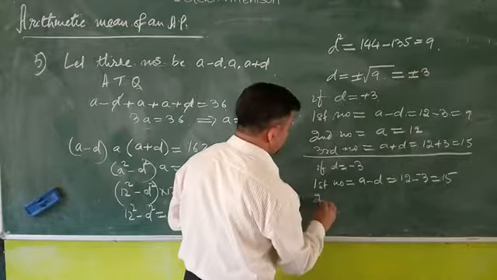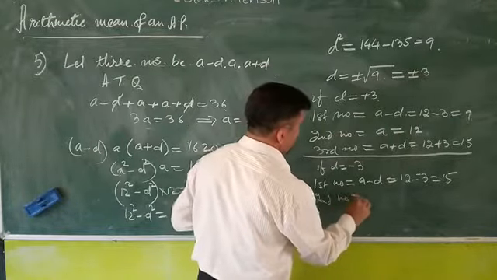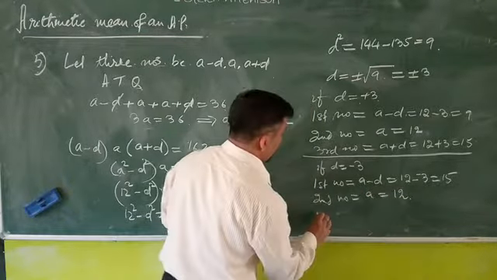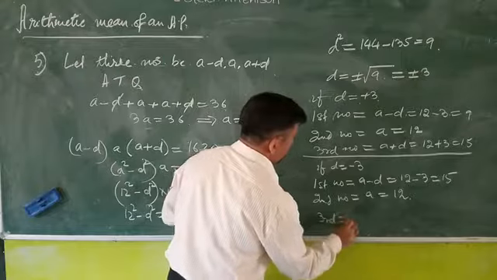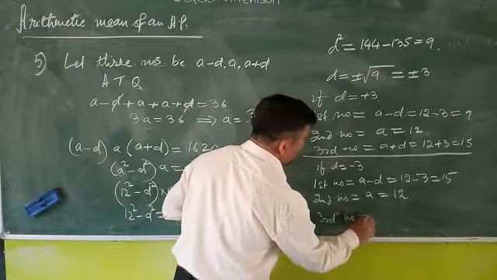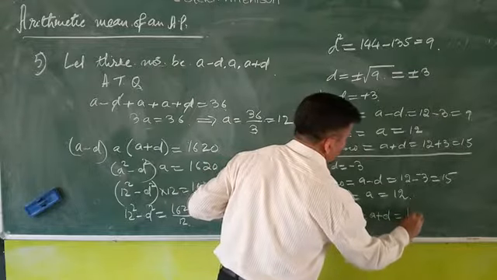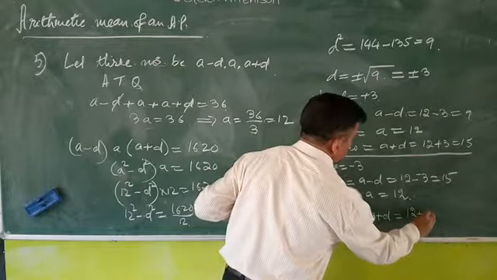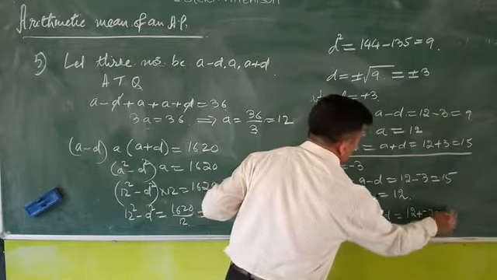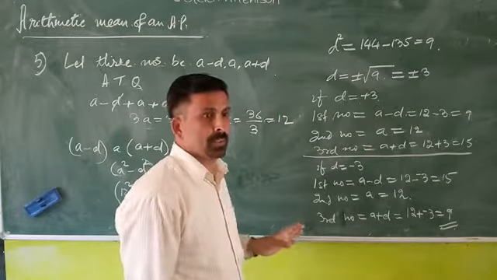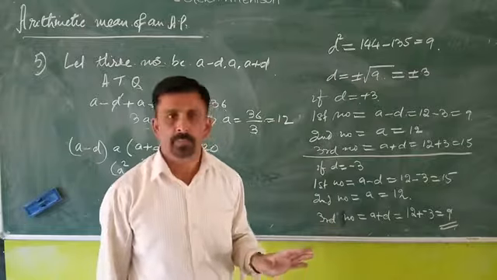Second number is equal to a, so it will be as it is, 12. And then the third number will be a plus d, is equal to 12 plus minus 3, is equal to 9. Is it very clear? Understood? Any question? No, sir. Thank you.